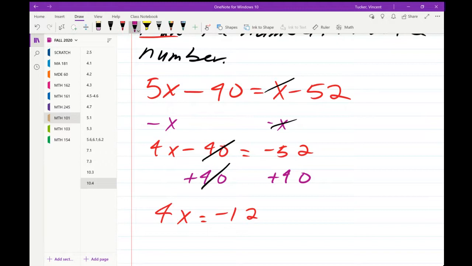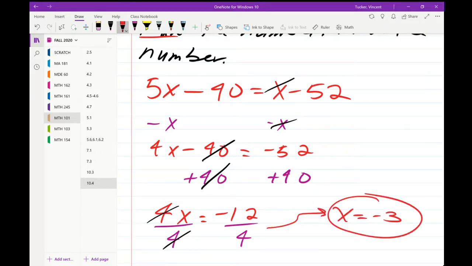And finish it off by dividing by 4. x is equal to negative 3. Any questions?